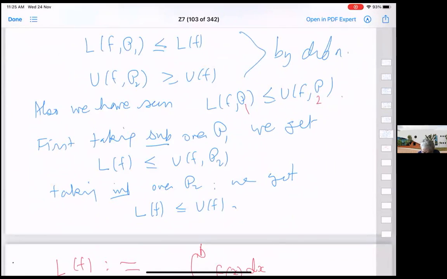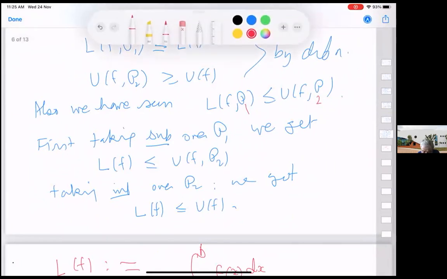So supremum over P1 means P1 is just a notation. Supremum over P1 means supremum over all partitions. P1 is just a variable in the equation above.